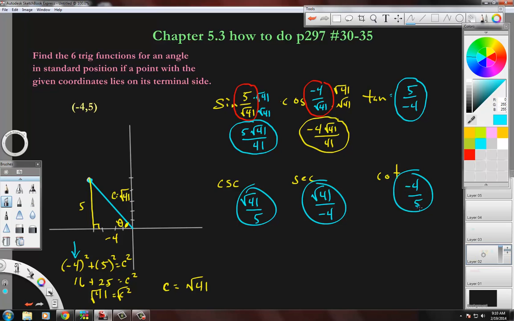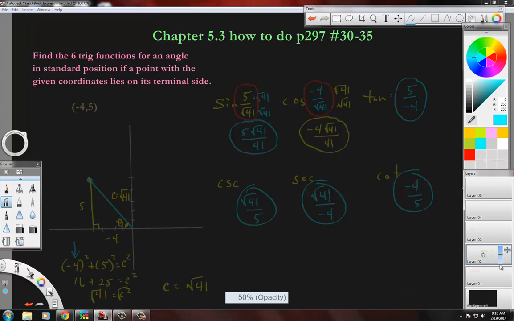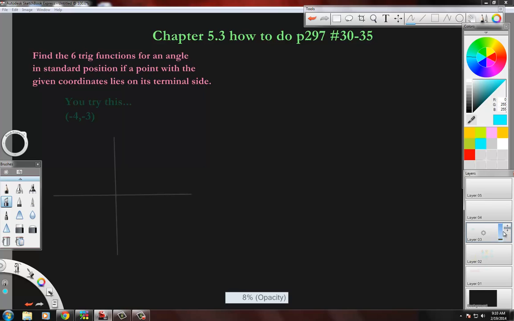So that's that. All right, now I'm going to have you guys try one. So I'm going to set this up, and I'm actually going to pause this, and I want you to try to get all 6 trig functions based on this. And if you're not sure where to start, you would plot this point, negative 4, negative 3.